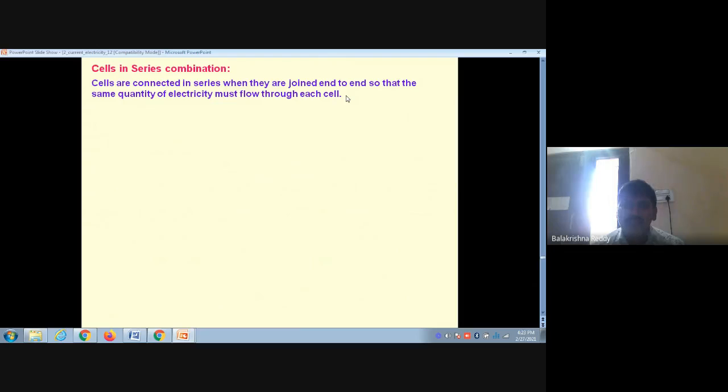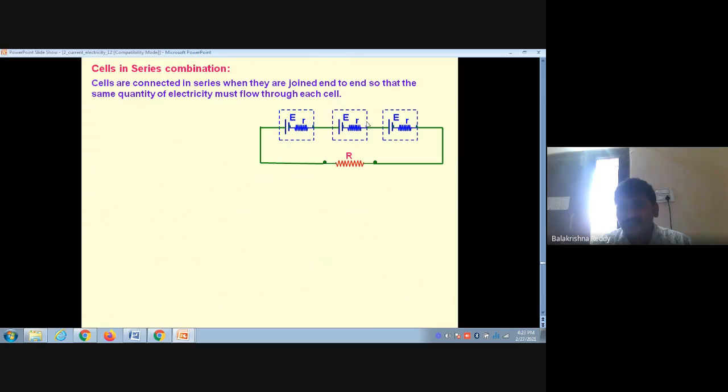End to end, in the sense, how will we connect? This is one cell, let us say. This is another cell. We studied just now, each cell has its own internal resistance, right? So here also internal resistance, here also internal resistance. Third cell. Now let us say one after the other I have connected, in the same manner, negative to positive, again positive to negative.